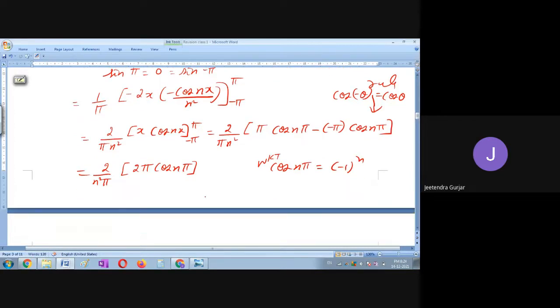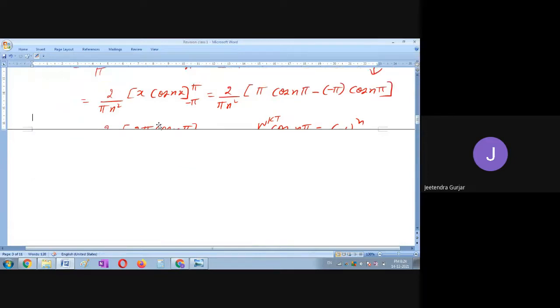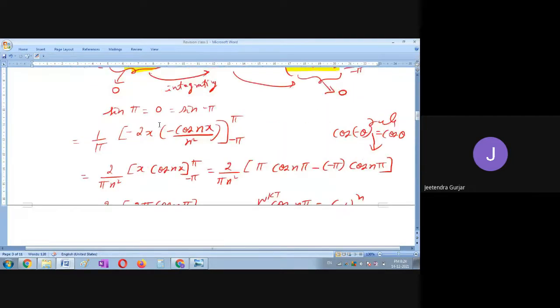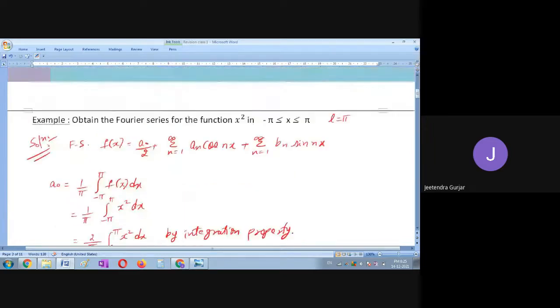So here you can see, students, 2 into 2, minus into minus will become plus.